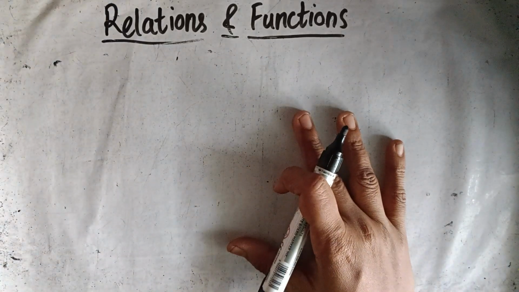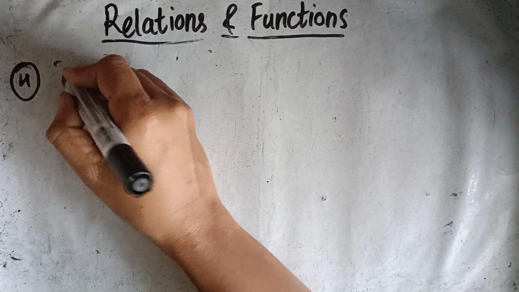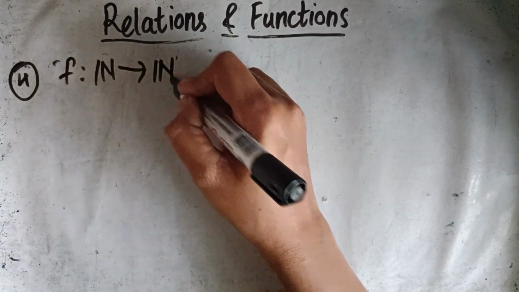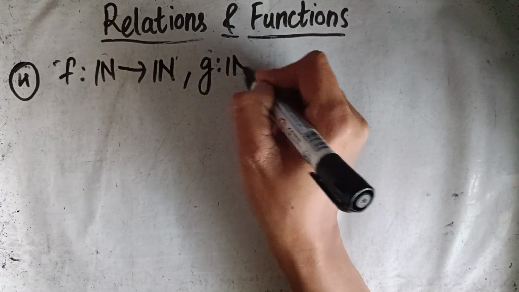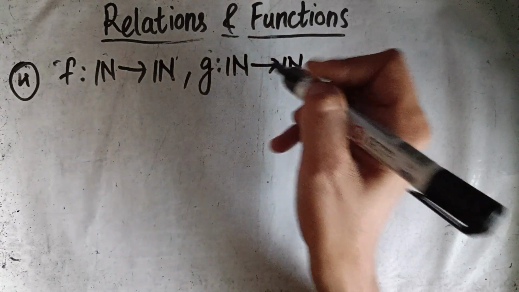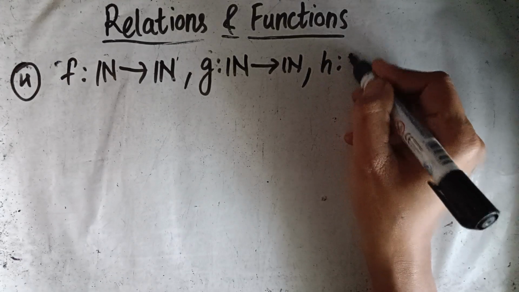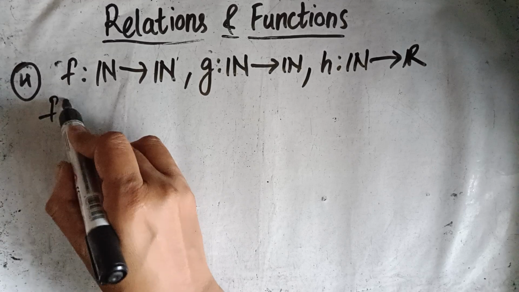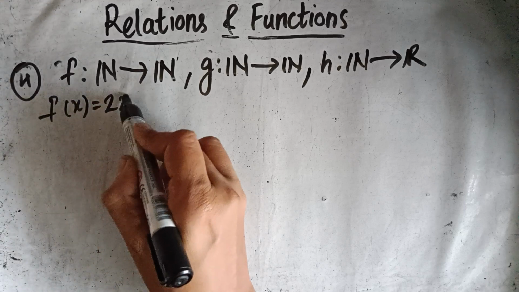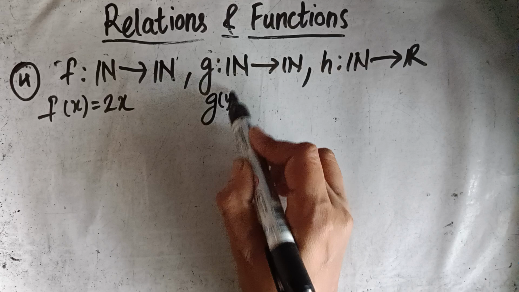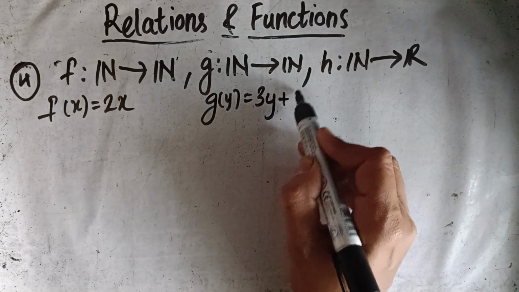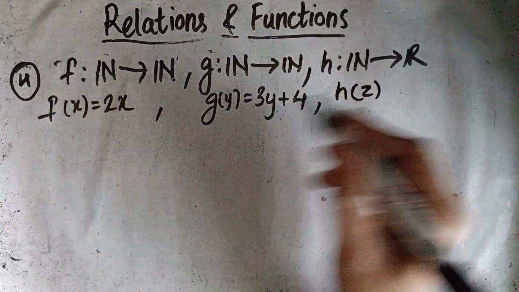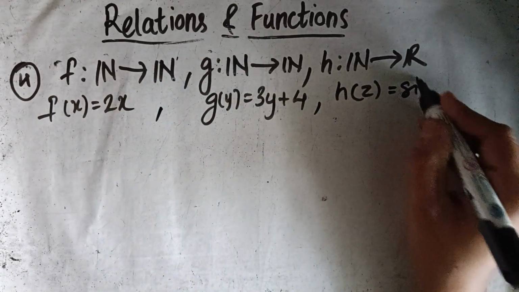Next question is, consider functions from the set of natural numbers to the set of natural numbers. g is also from the same, and h is from N to R, defined as f of x is 2x, g of y is 3y plus 4, and h of z is sin z.